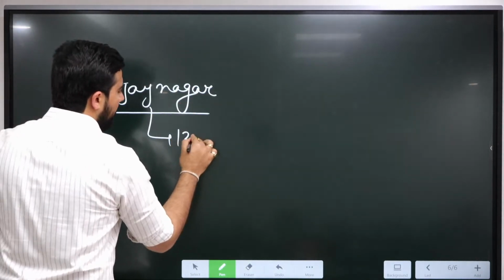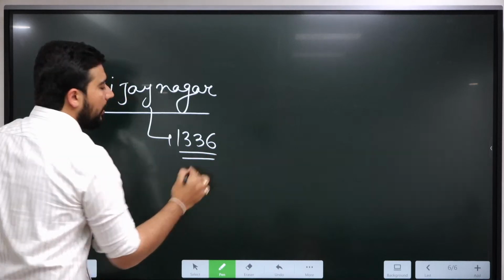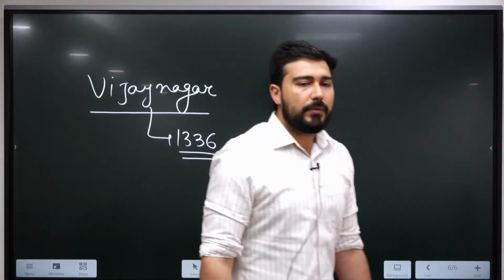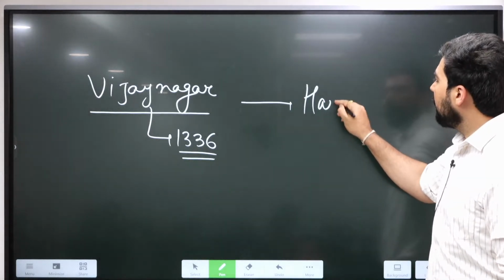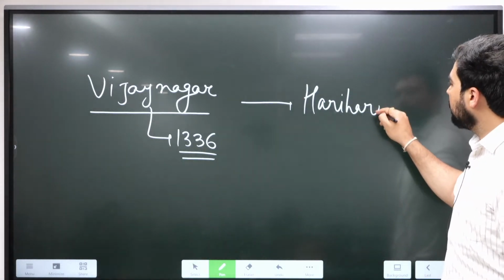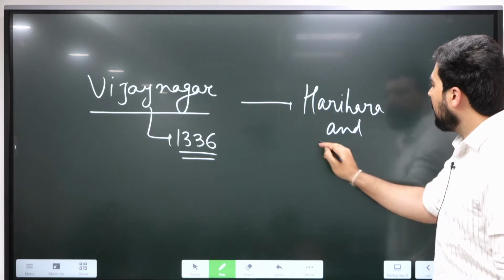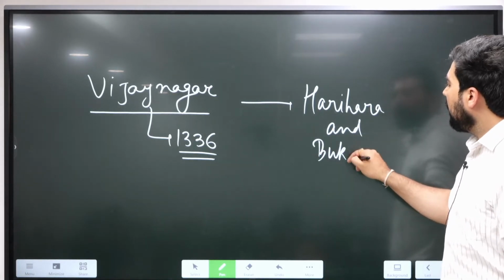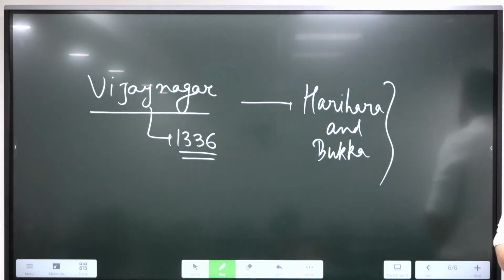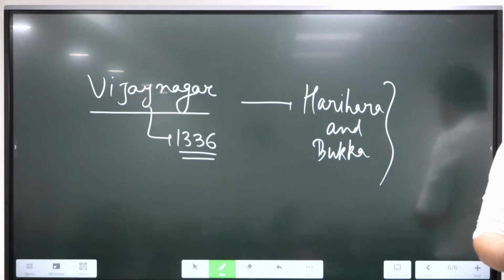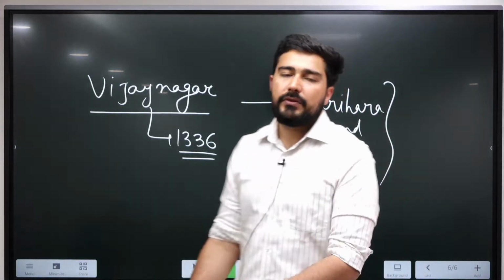So the first famous regional kingdom was Vijayanagar. It was established in 1336 by the Sangama brothers, known as Harihara and Bukka. There is a long story behind the establishment of Vijayanagar.